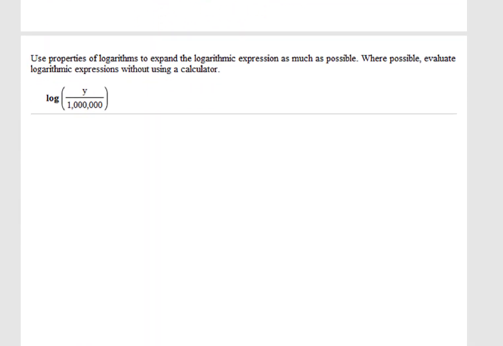Okay? So they're asking us to expand. So I know that I'm going from 1 log to multiple logs. There's division here, so I know it's going to be a subtraction between those logs. Log y minus log 1 million. I'm going to check if I can simplify that log 1 million, especially because this is a common log, so that means there's a base of 10.